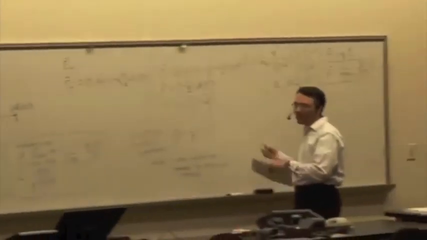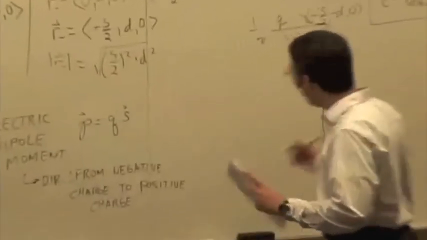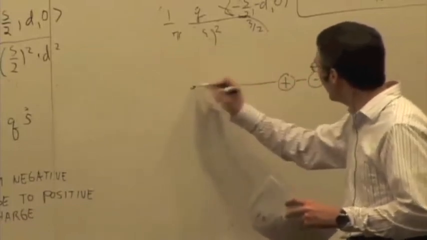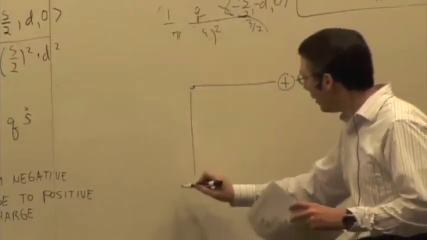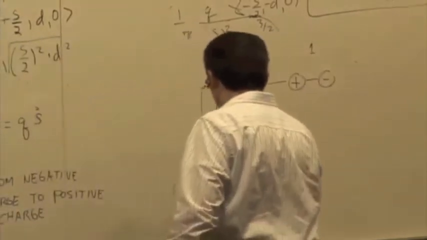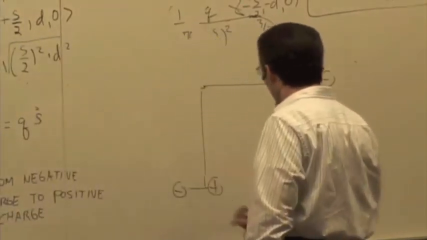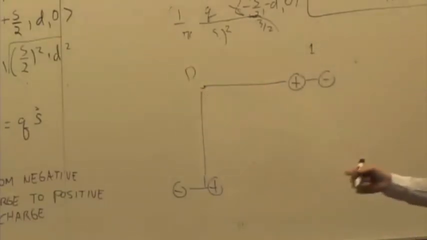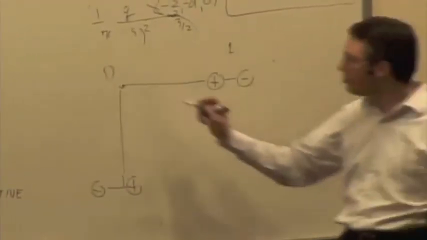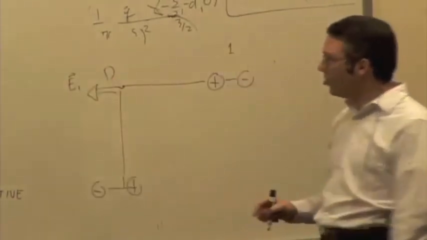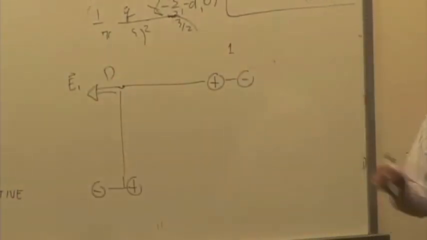So if we think about dipole number 1, let's call the one at the top the first dipole, and the one here the second one, oriented negative positive, right? So the electric field at location D due to dipole number 1 points, which way? Everybody, that way, right? So that's E1. And the electric field due to dipole number 2 points, yeah, also that way.